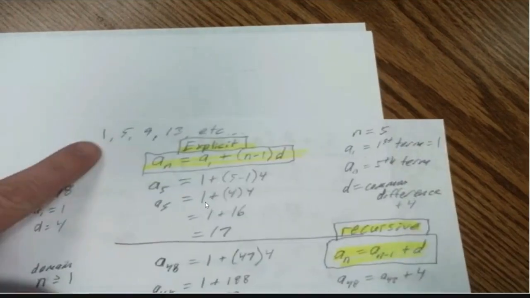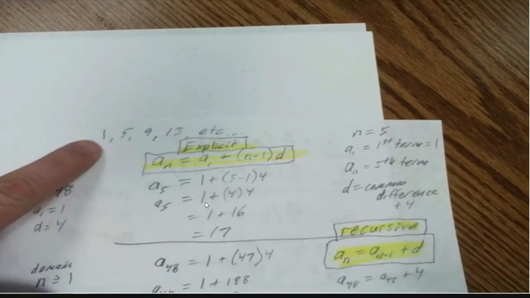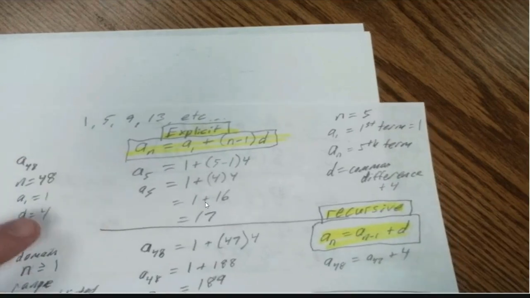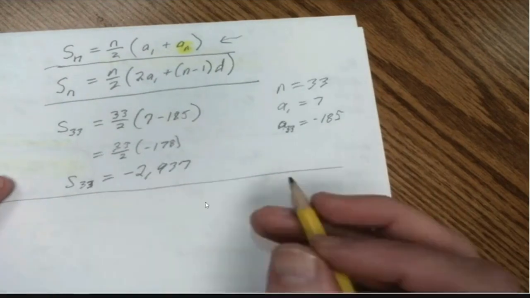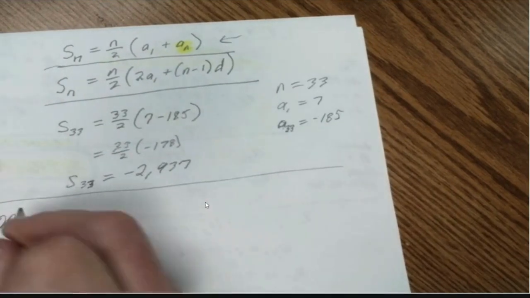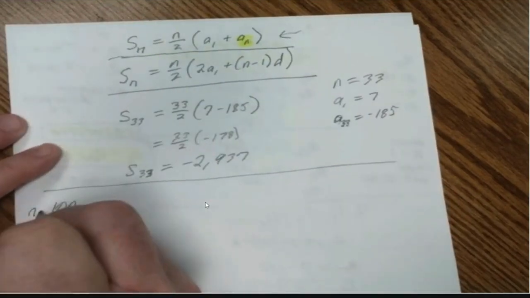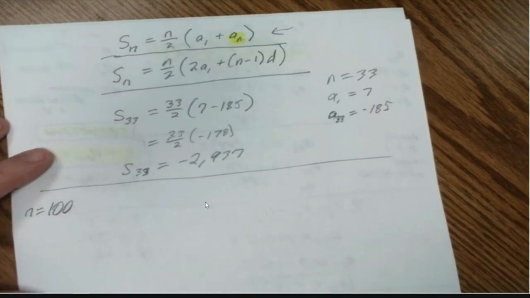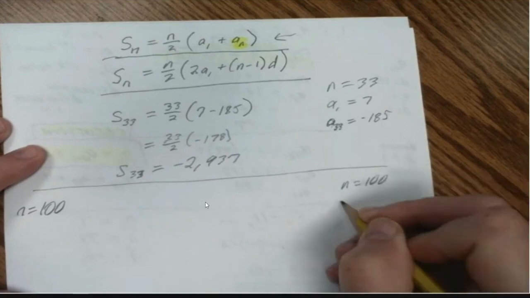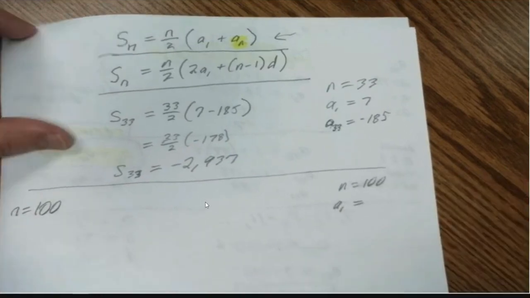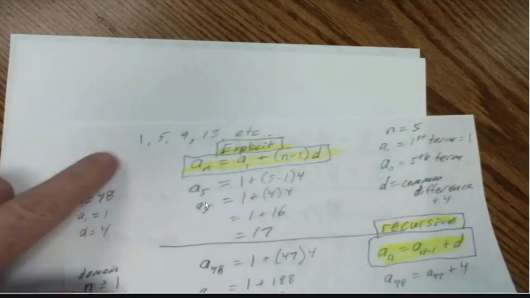Let's go back and look at this first one up here, 1, 5, 9, 13, etc. We calculated the 48th term. But what if we want to know what the sum of the first 100 terms of that sequence is? Right? So we know N equals 100. We know A1 equals, let's see, it equaled 1 in that sequence, right? 1.